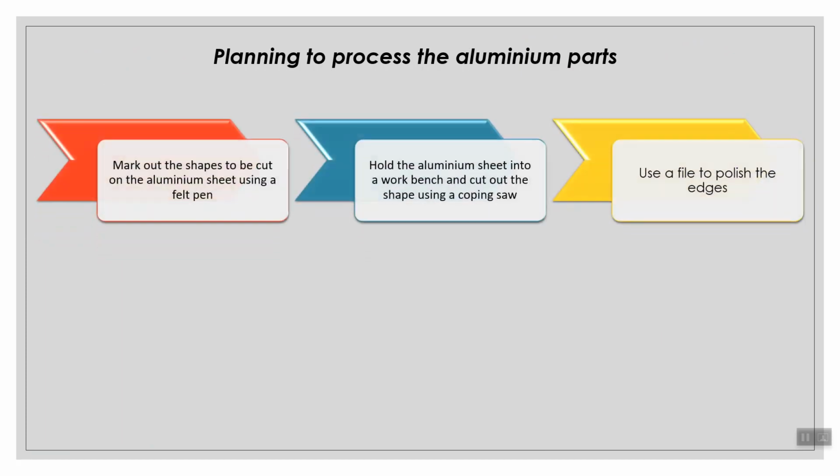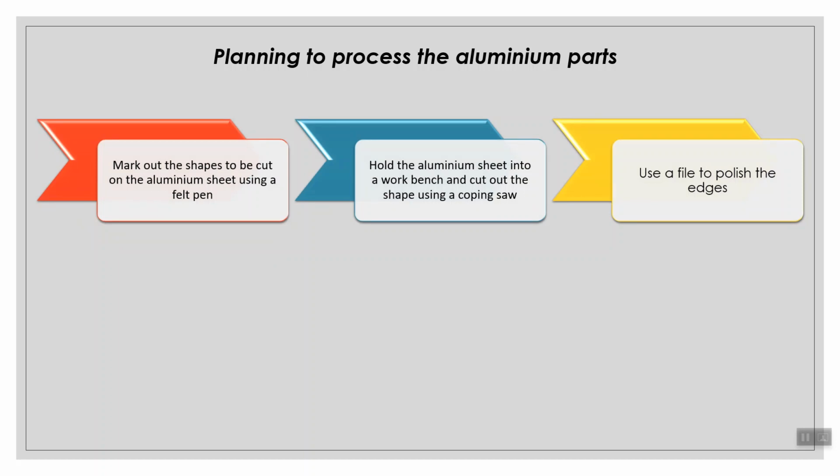Then, the planning continues. I will plan how to make part by part. For example, the aluminum parts, the hooks. I will start with the first step: I will mark out the shape to be cut on the aluminum sheet using a felt pen or a marker.